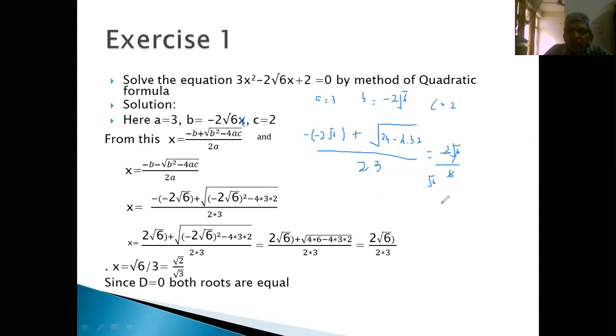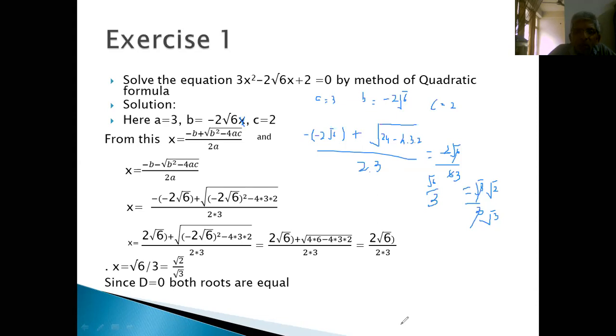I can also write it like this. This is 3. So I can write it like this, root 6 by 3, or root 3 into root 2 divided by 3. This cancels out and we get root 2 divided by root 3. We get this root. Since D, that is b square minus 4ac, is equal to 0, the roots are equal.